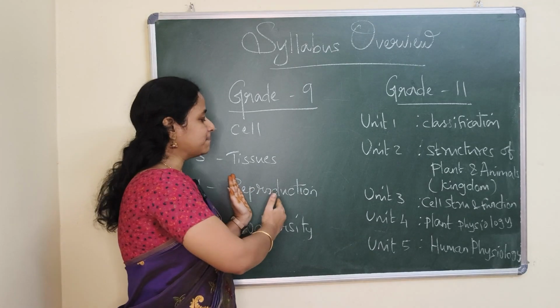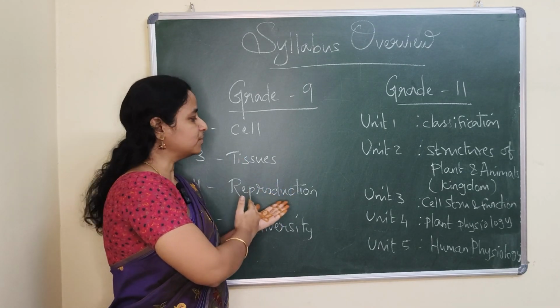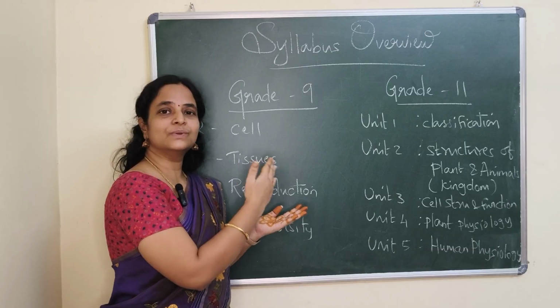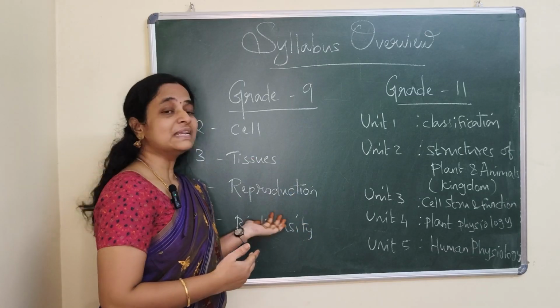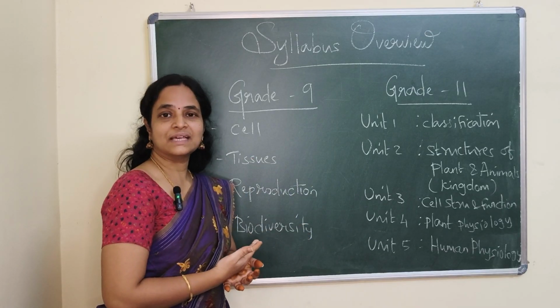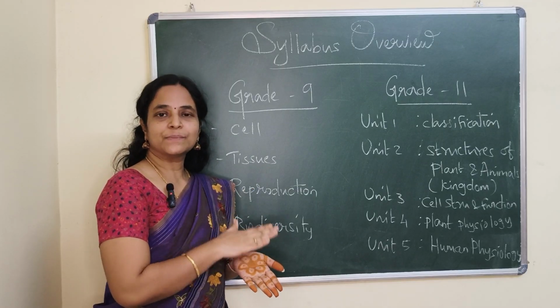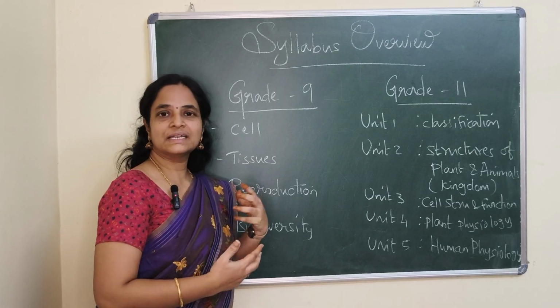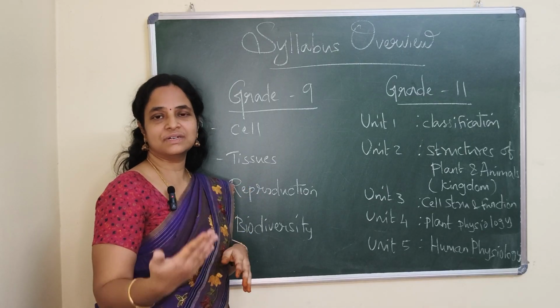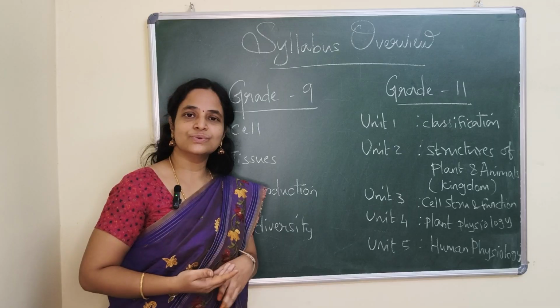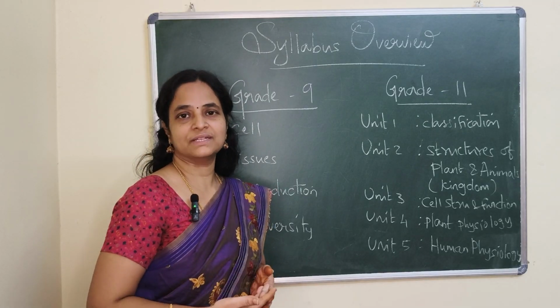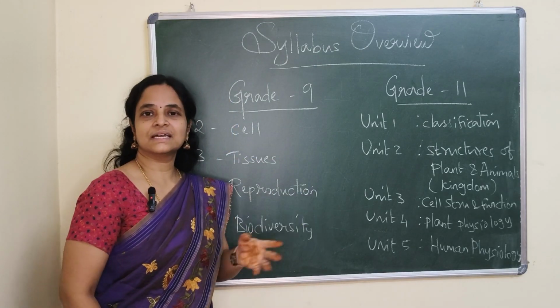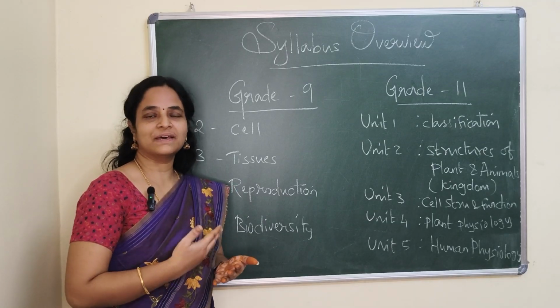Because few chapters from the 9th standard you learn again in 10th standard, and the remaining you learn in your 11th and 12th. So 9th is your base, so prepare well because this gives you a clear idea what you're going to learn in the further classes. So if you're going to choose a bio group in plus 1 or plus 2, this 9th and 10th standard are really useful, so prepare well.